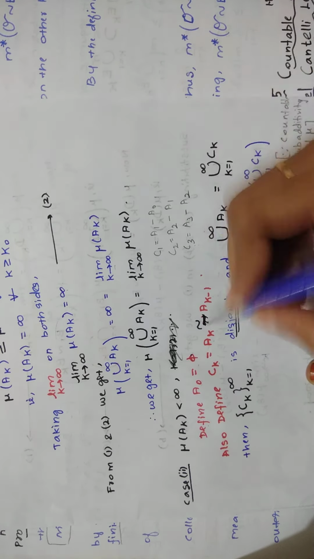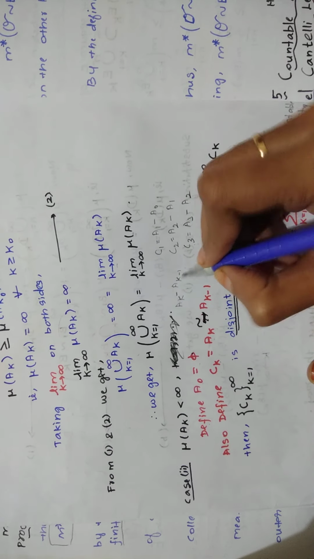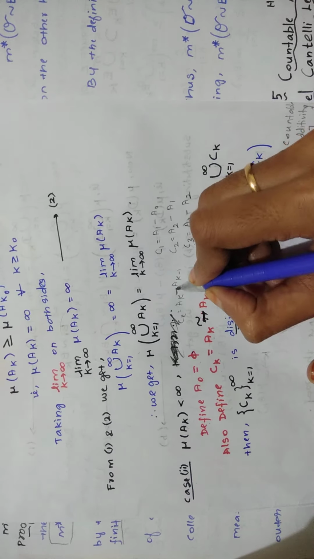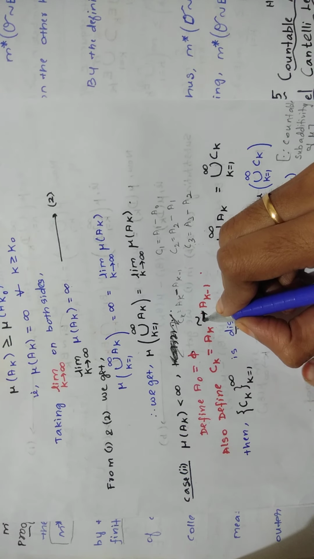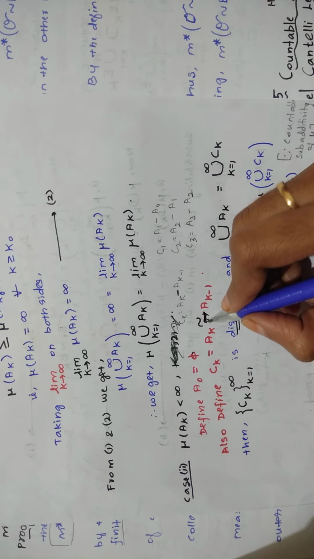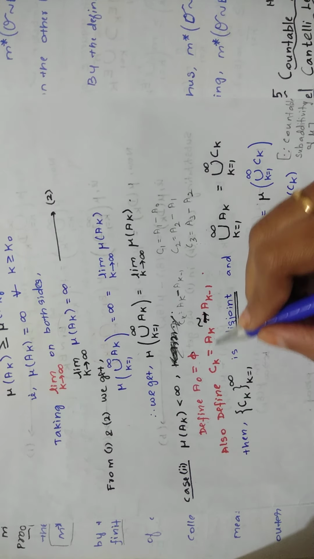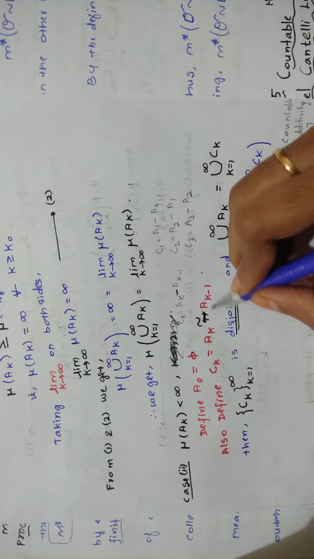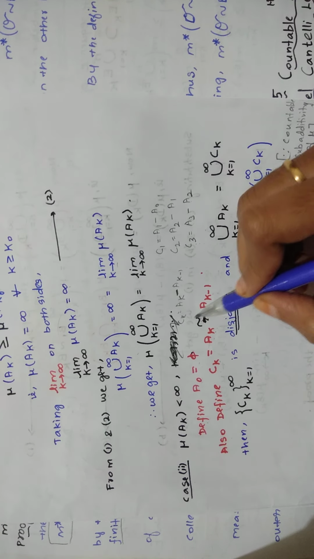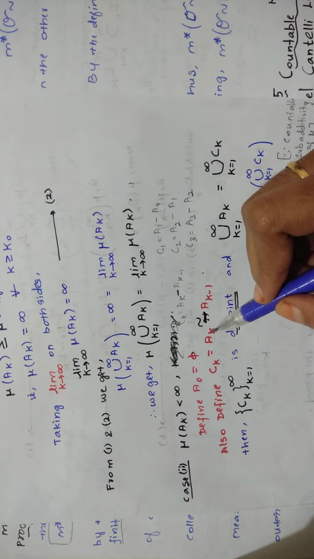This is also correct, you can put minus or you can put this. In the textbook they have used this simpler one, so we can also follow that. So also define C_k equal to A_k difference A_{k-1}. There is a name for this symbol, that is tilde. I hope you know that.